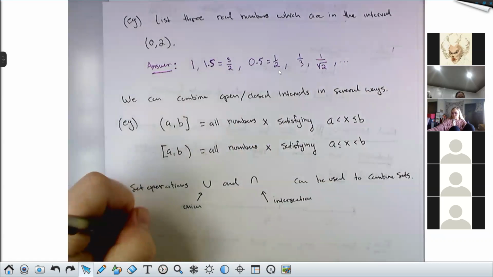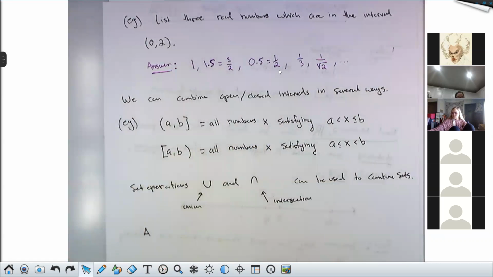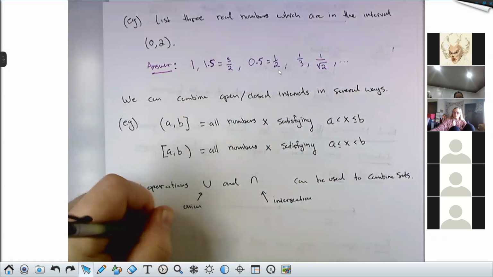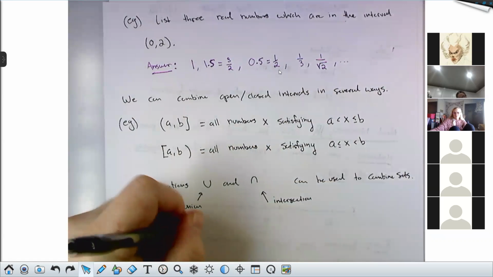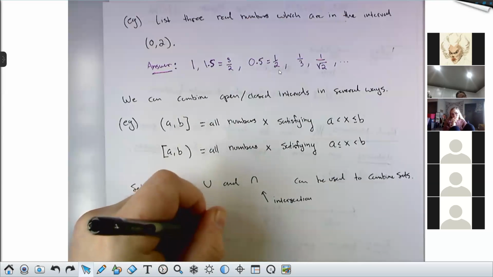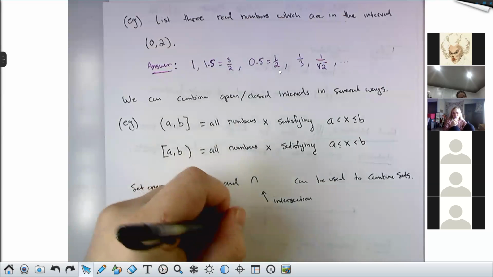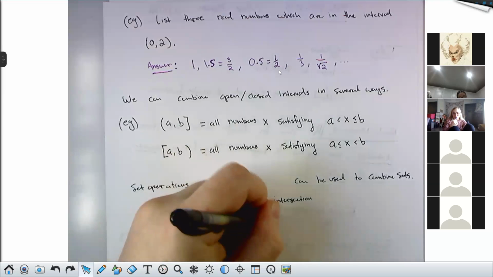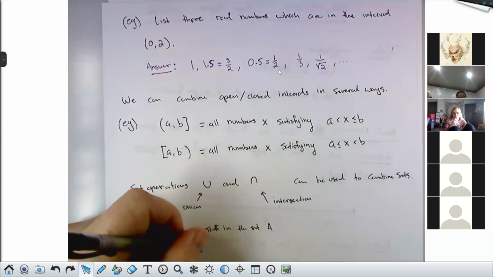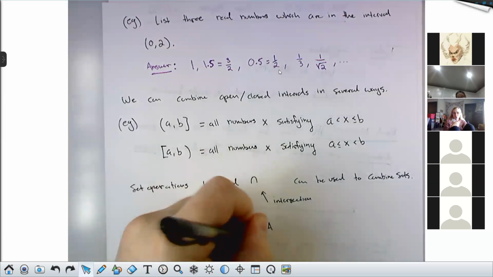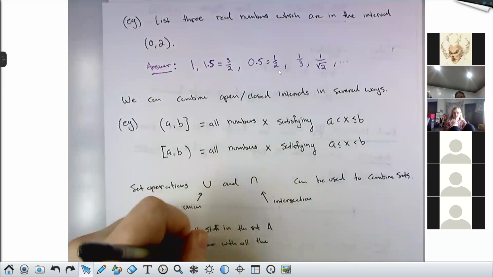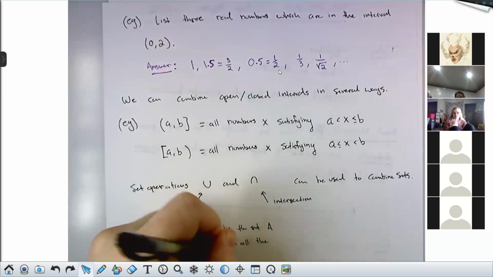So for example, if A is a set of some stuff, right? Just think of this as a box containing some things, probably numbers. A union B, where A and B are both sets, this is all the stuff in the set A together with all the stuff in the set B.